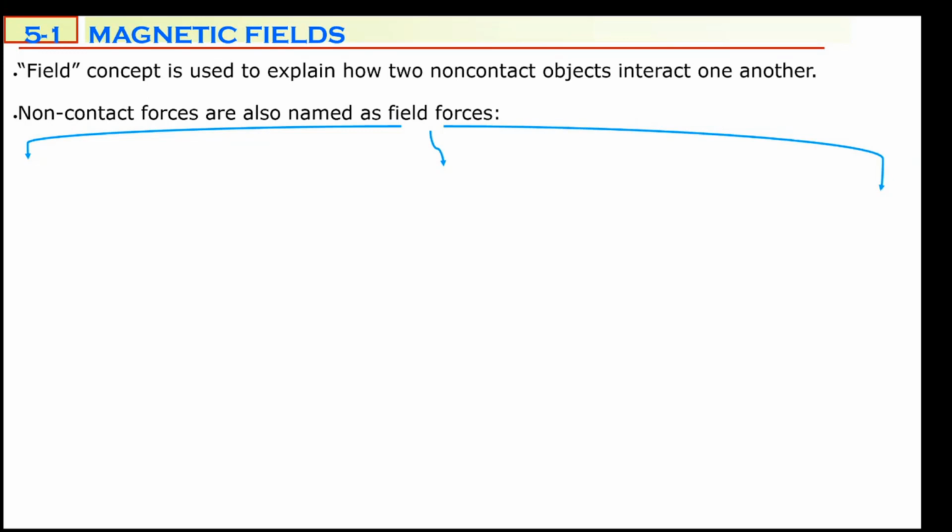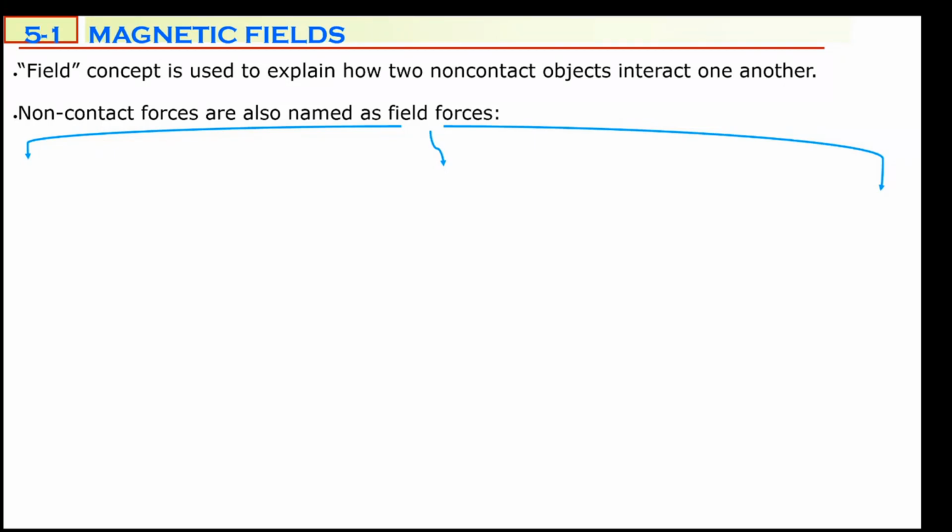So how do they communicate? How do these two objects communicate with one another? We explain this communication by the field. The field concept was established to explain the interaction between two non-contact objects. That's why non-contact forces are also named field forces.